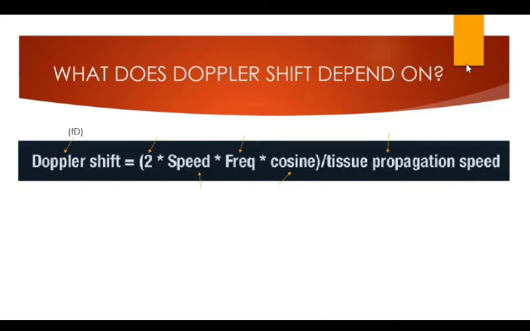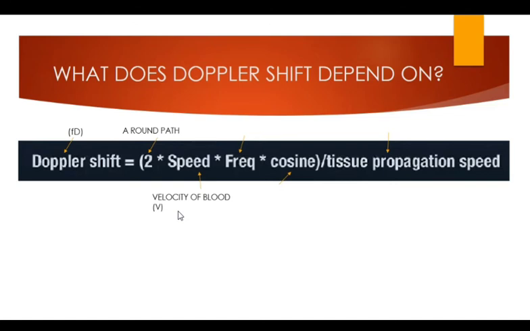So it comes out of the probe, it goes down to the moving blood or the moving tissue, it comes back to the probe. That is a constant number. We can't change that. That signal has to go down and it has to come back up. So let's leave that alone.